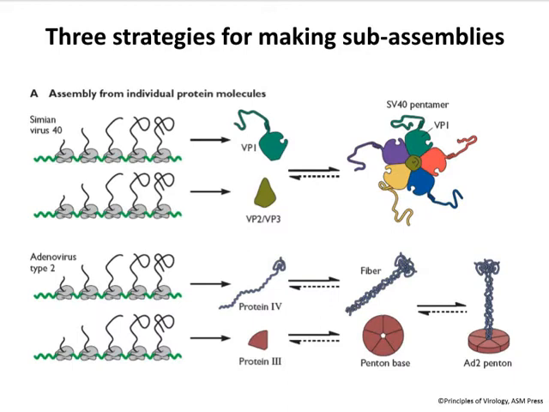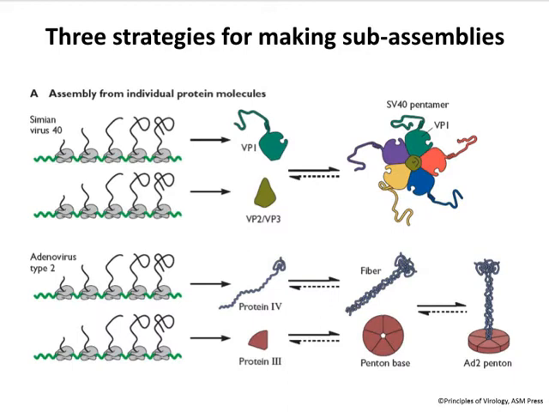The mRNAs are translated in the cytoplasm on ribosomes, and these form VP1 and VP2/VP3, and these assemble to form this subassembly. Very straightforward. Make the individual proteins, they have a natural affinity for one another, they come together, they form this pentamer, which is the subassembly.